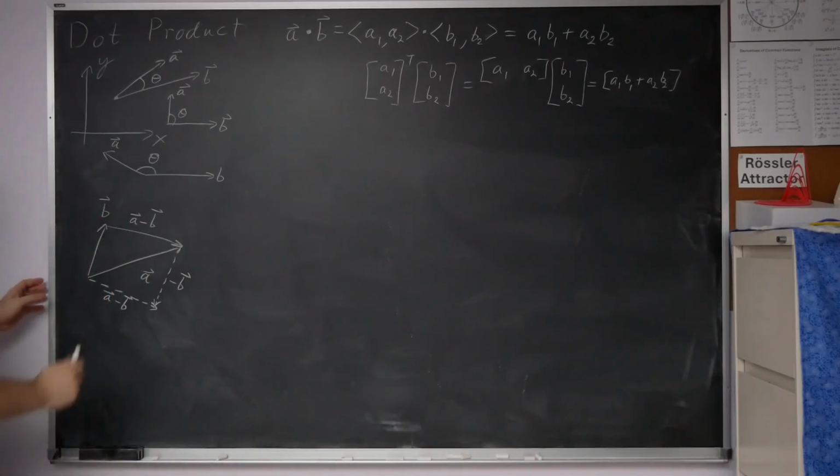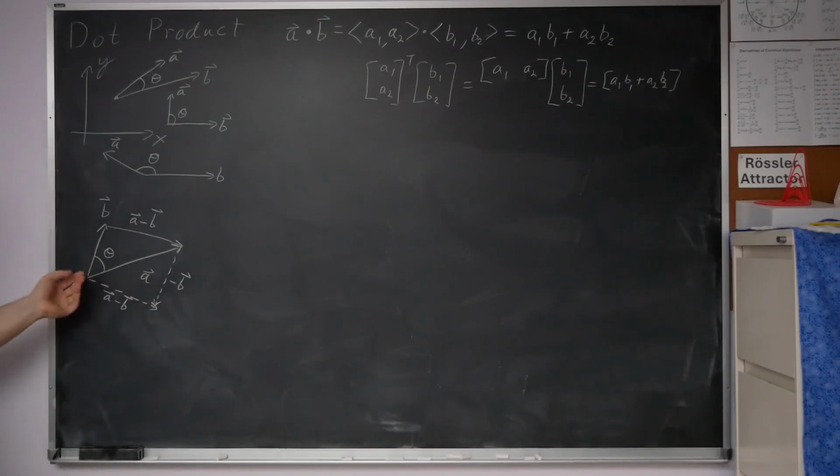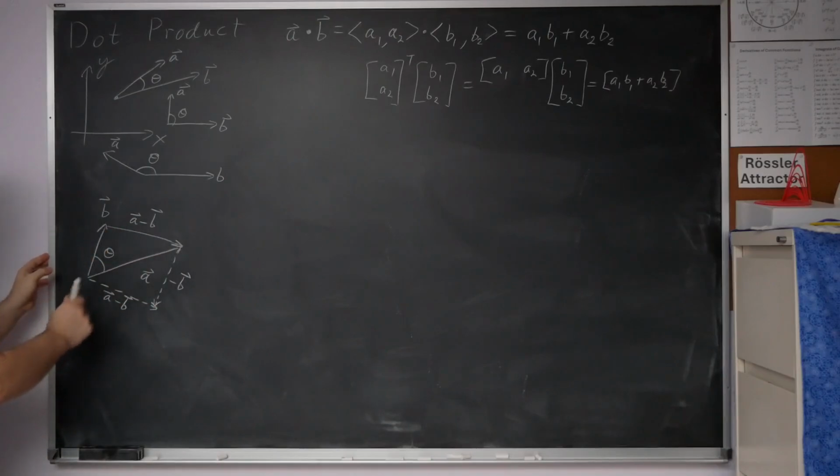So in this setup we have vector A, vector B, and vector A minus B, and I want to know this angle. This top piece here is a triangle, and we can use the law of cosines.